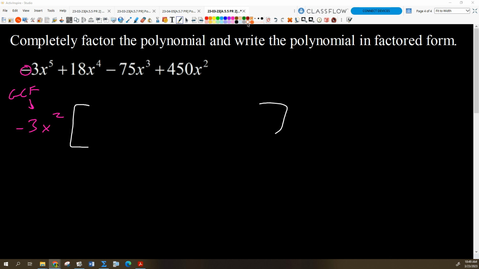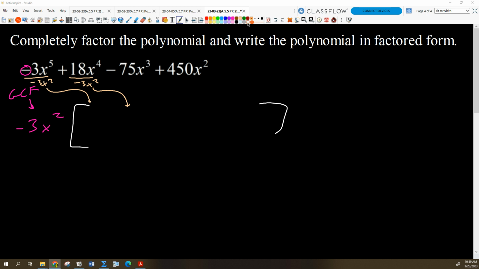If you're having trouble finding what's left when you factor out a GCF, remember, you can always just divide each term by the GCF to see what you get. I could divide each of these by negative 3x squared to figure out what's left behind.